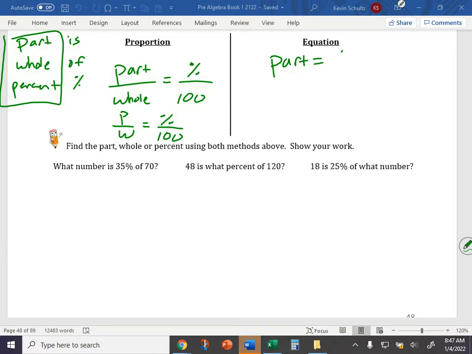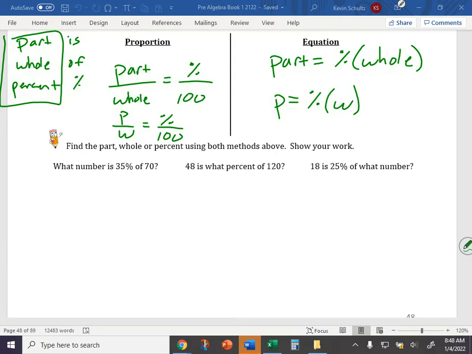And this equation looks like this. The part equals the percent times the whole. The part is equal to the percent times the whole, or to break it down using just variables: P equals percent times W. We're going to answer these same three questions using the equation method versus the proportion method.